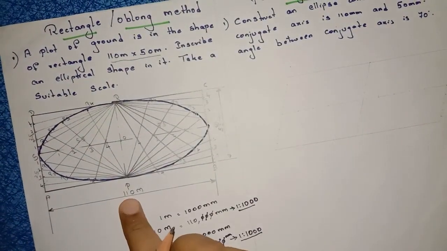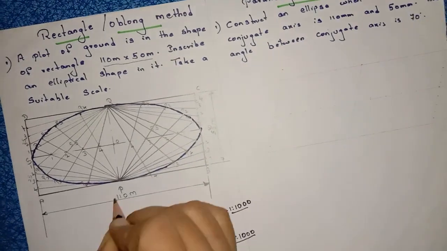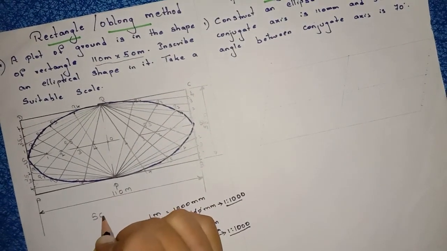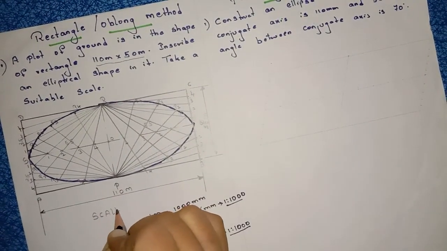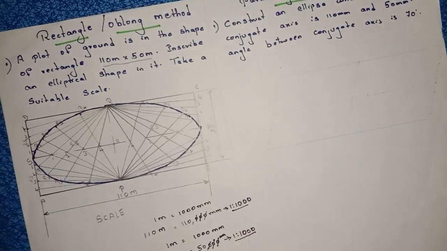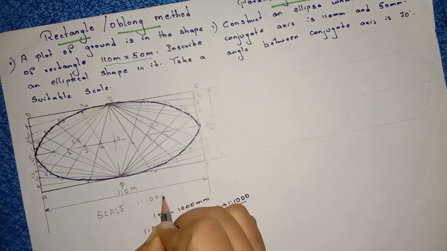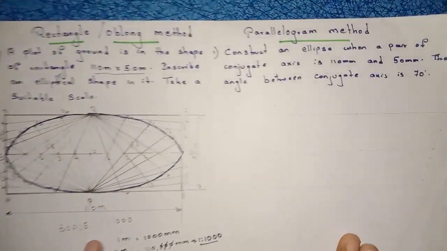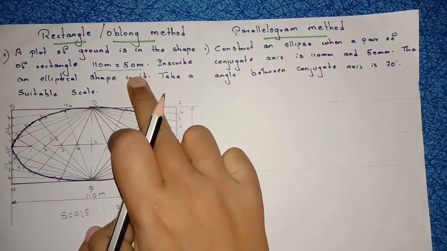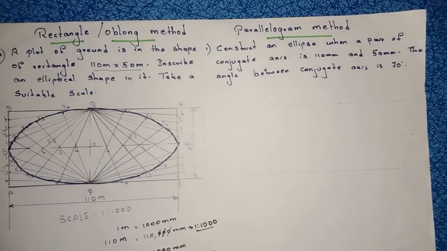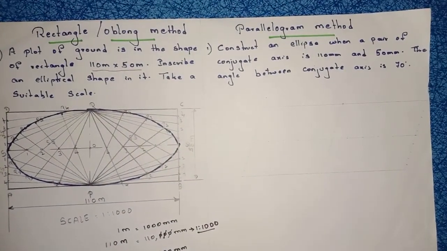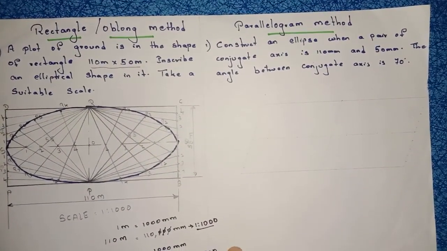So after marking 110 meters and 50 meters, below that write down scale. Scale is here, how much we got? 1:1000. Scale is 1:1000. Why are we writing scale here? Because the dimensions are in meters. When the dimensions are in millimeters, no need to write down scale, because full scale 1:1 we are using.